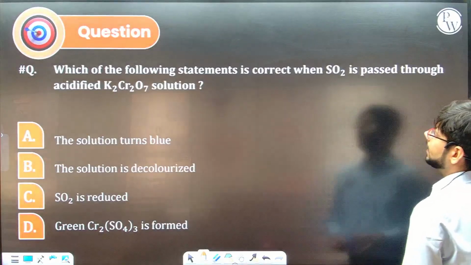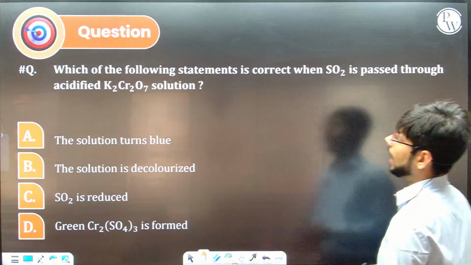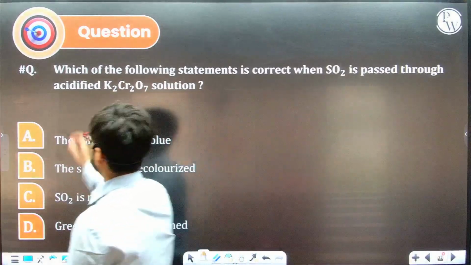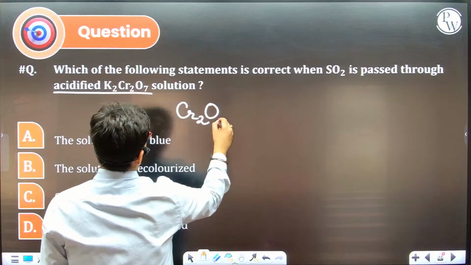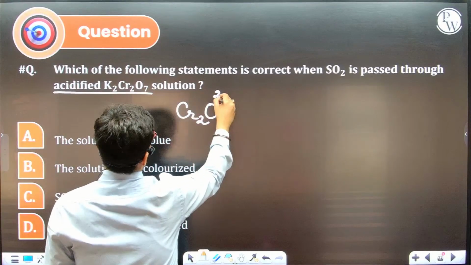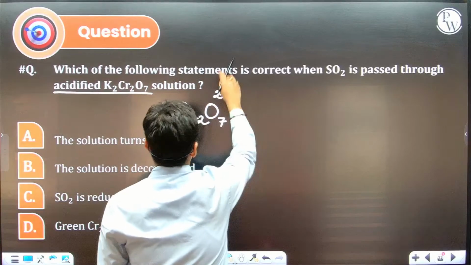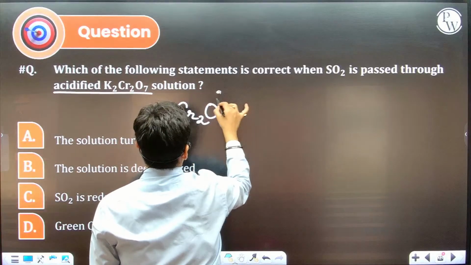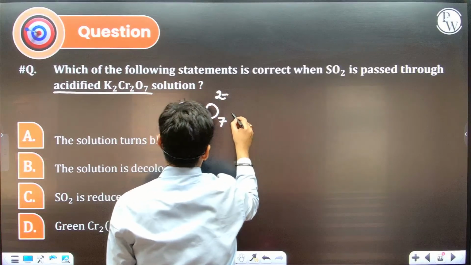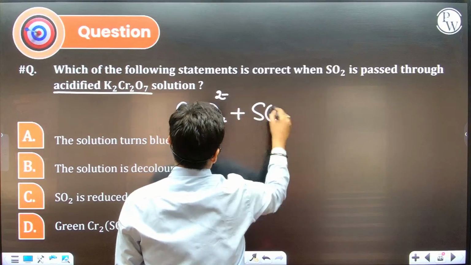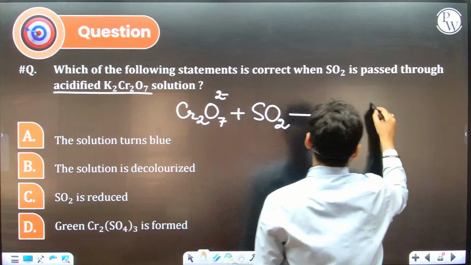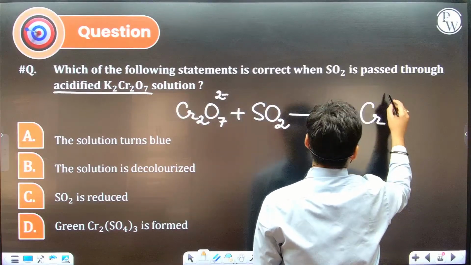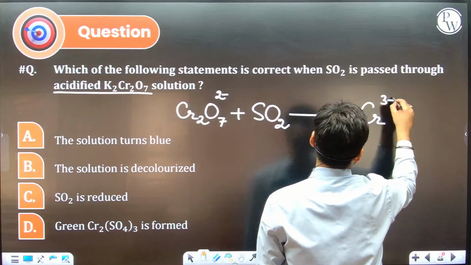Which of the following statements is correct when SO2 is passed through acidified K2Cr2O7? Acidified means the medium is acidic. So SO2 will get oxidized and Cr2O7 2- will get converted to Cr3+.